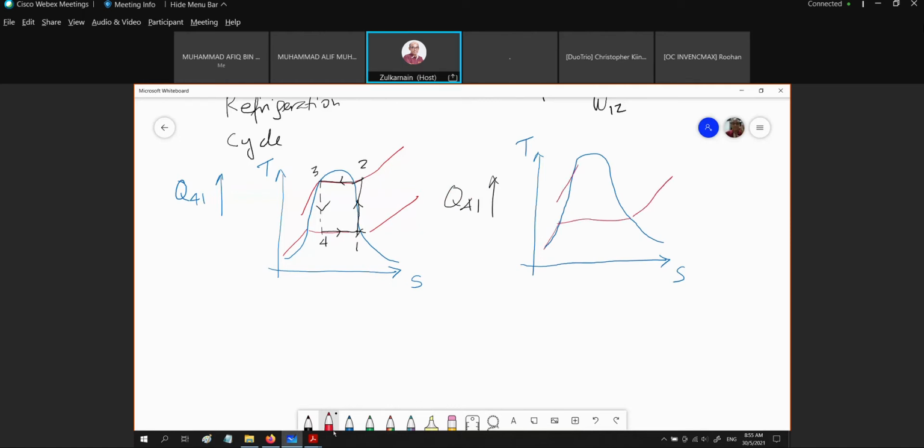This is the pressure of our condenser. Now we are going to move our point 1 up to here, whereby the beginning of the compression process is at superheated vapor. So right now, this is our compression process.